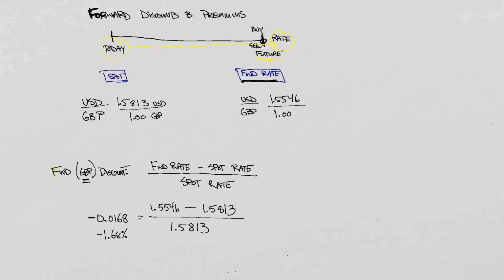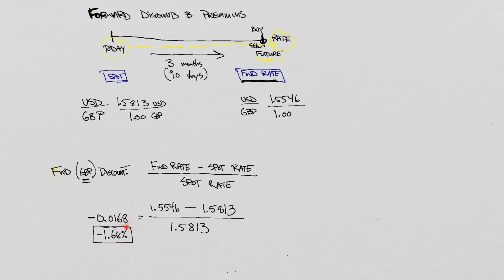And so let's say that this is a forward contract that only lasts for 3 months, or 90 days. Then typically, this 1.68% is saying that the pound is trading at a discount 90 days from now by 1.68%.